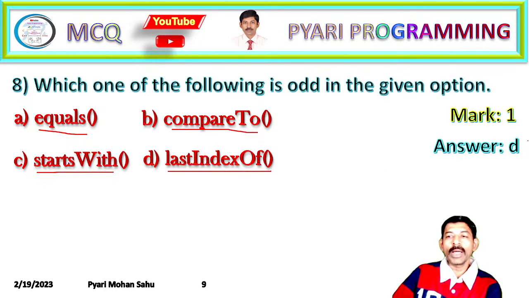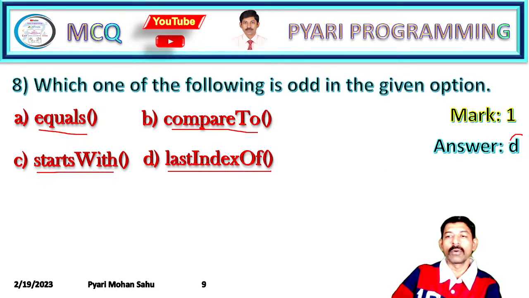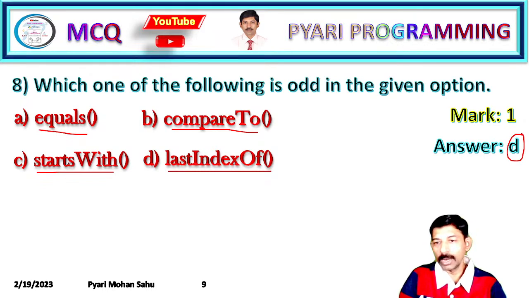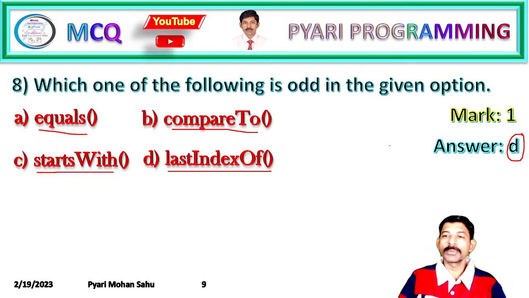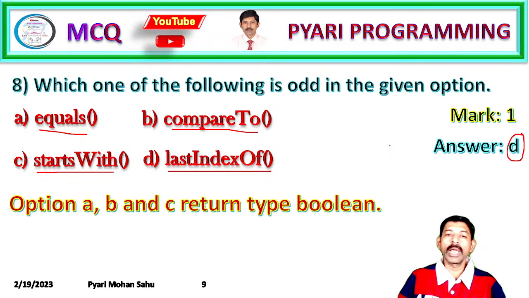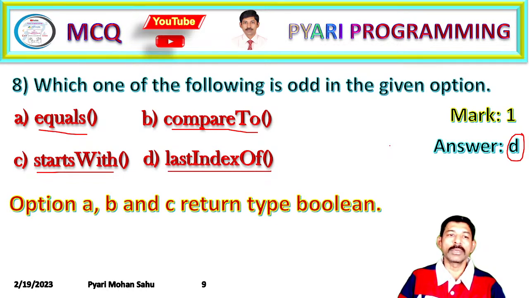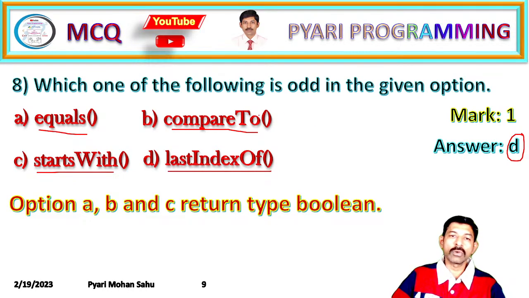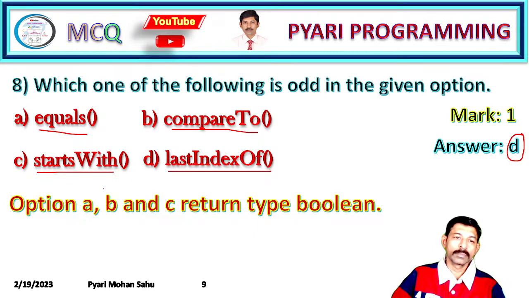Now why is option D available over here? What is the reason? Who can tell me? Option D is given. Options A, B, C return type is Boolean. This is wrongly given.